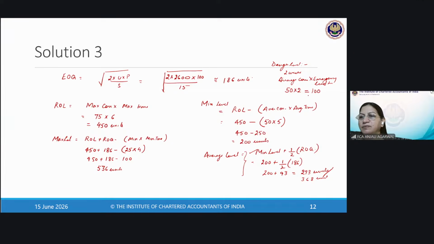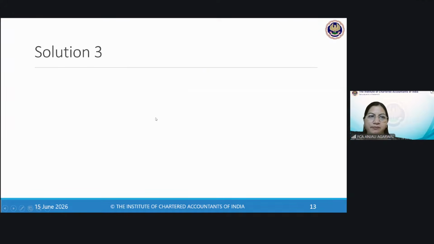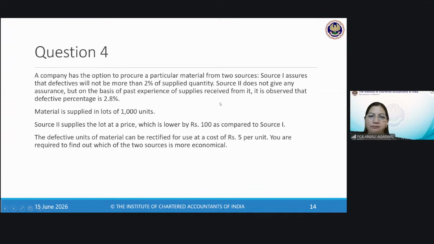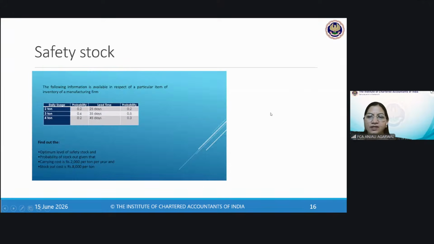So if your level falls to 100, that becomes a danger level. Now, I told you that reorder level can also be safety stock plus average consumption into average time. And I told you that this method is better.